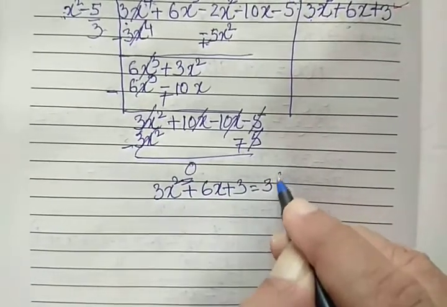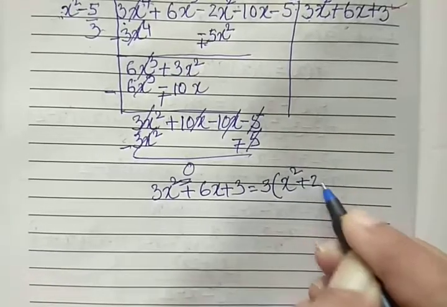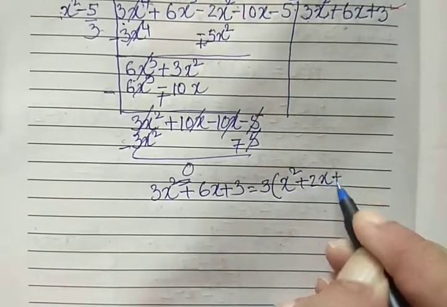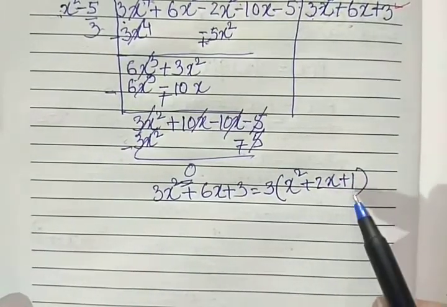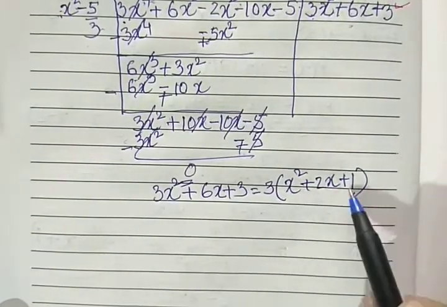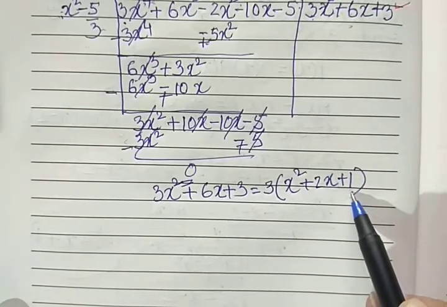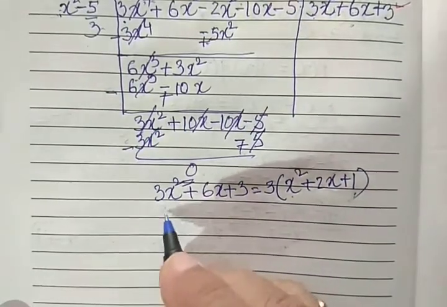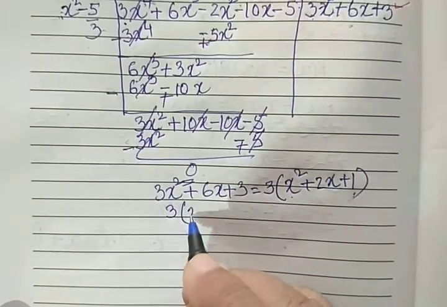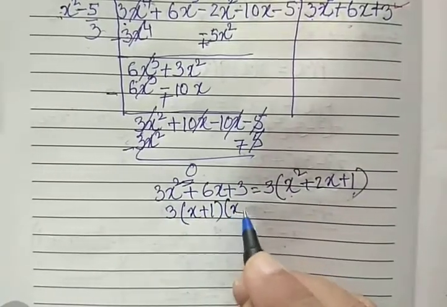Let us take 3 common. x square plus 2x plus 1. This is in the form of a square plus 2ab plus b square. A means x, b means 1. So what you get? 3 into x plus 1 into x plus 1.